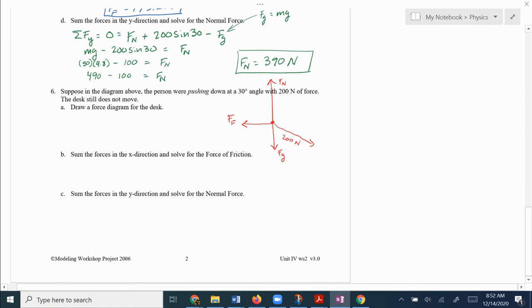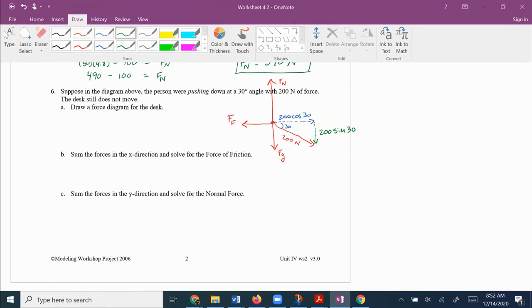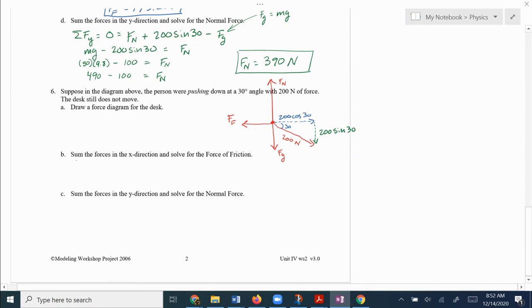Of course, then we break it into its pieces. So we got our horizontal piece here, this will be 200 cosine 30, and we got our vertical, 200 sine 30. Okay, so now basically same process.